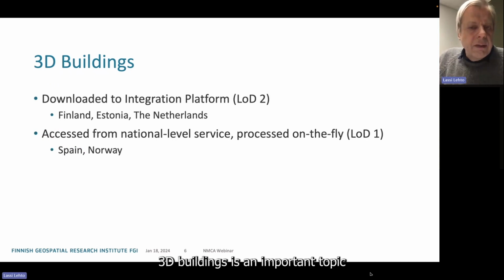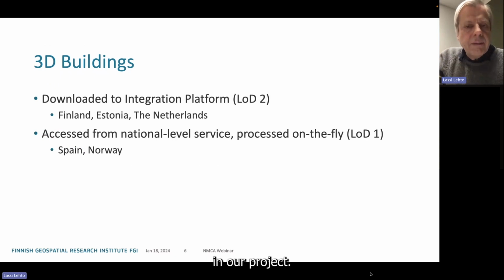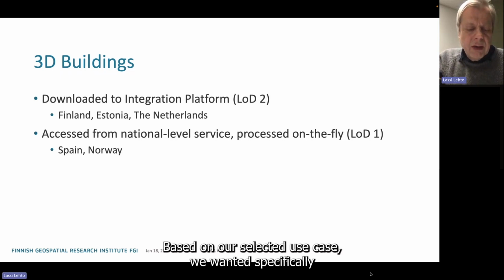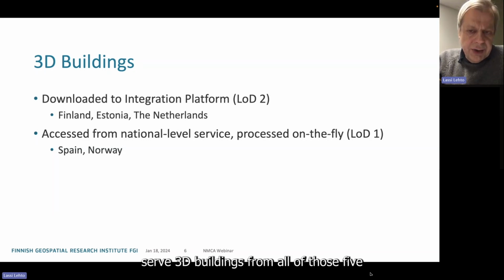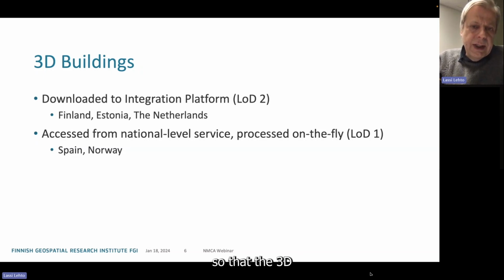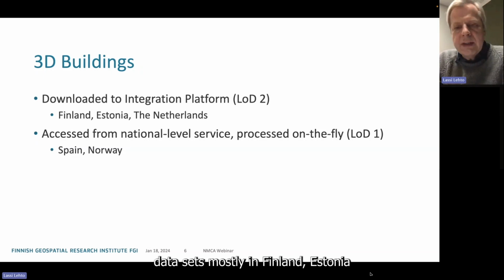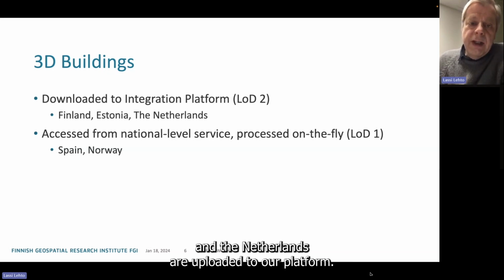3D buildings is an important topic in our project. Based on our selected use case, we wanted specifically to focus on 3D buildings, and we are proud to be able to now serve 3D buildings from all of those 5 participating countries, so that the 3D data sets, mostly in the case of Finland, Estonia, and the Netherlands, are uploaded to our platform.